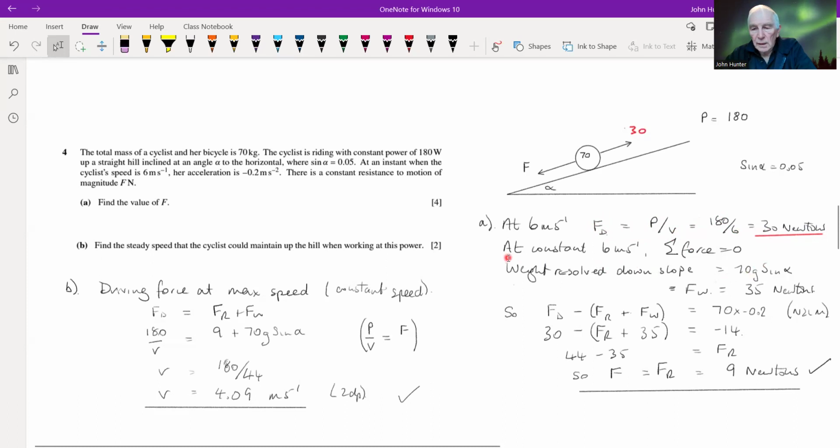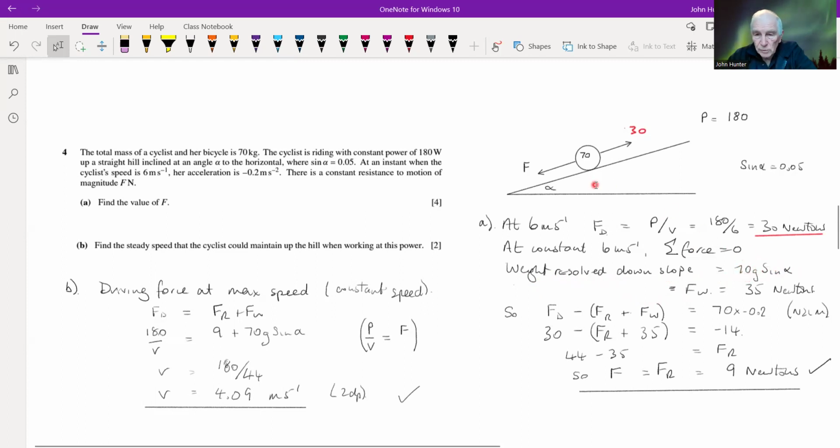So now, at a constant 6 meters per second, the net force is going to be 0. The weight resolved down the slope is going to be 70g sine alpha. If you're not familiar with the idea of resolving weights down slopes, then you might want to check out my video or anybody else's on resolution of forces.